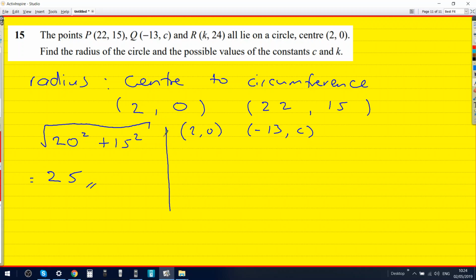Minus 15. So yeah, basically they're 15 apart. And then is it just C minus 0, minus C? Yeah.